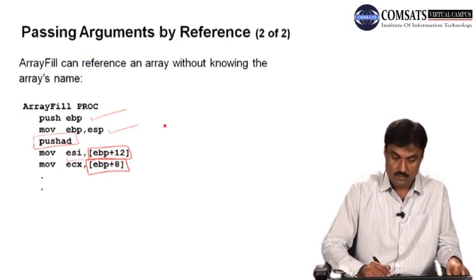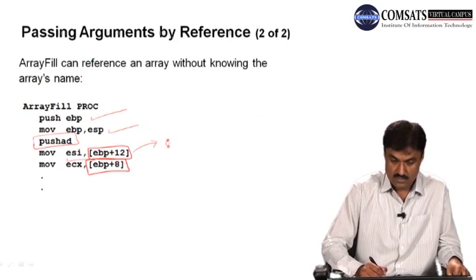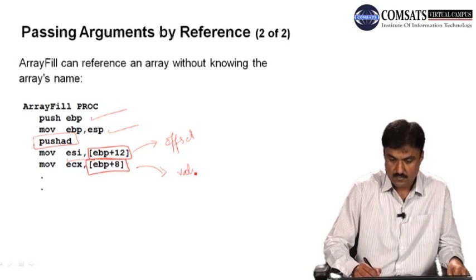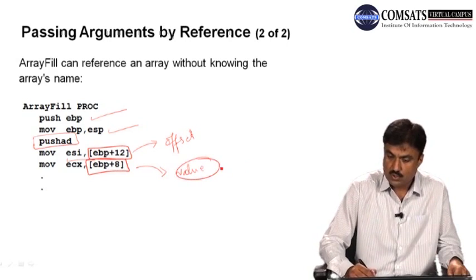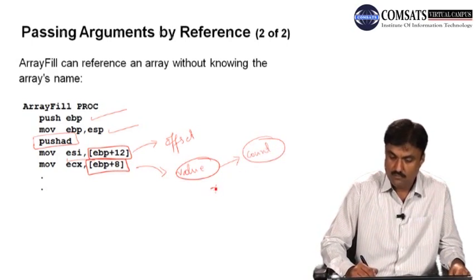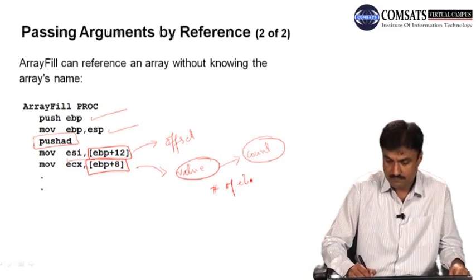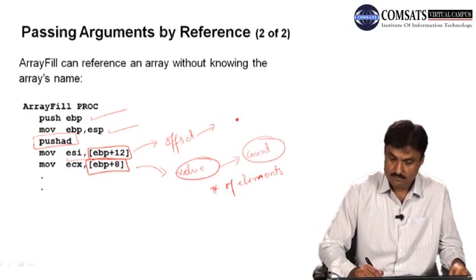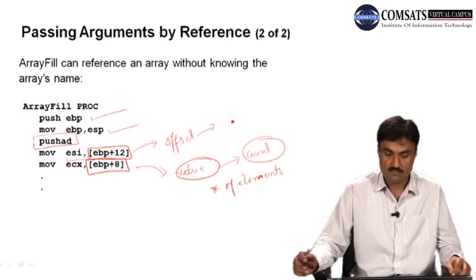So here we are going to use the offset, or address, and here is the value. This value shows the count, or total number of elements inside an array, and offset is the base address, the starting address of this array.